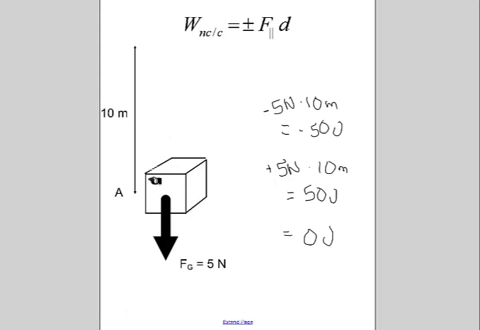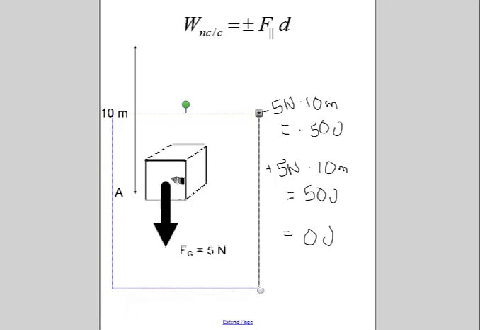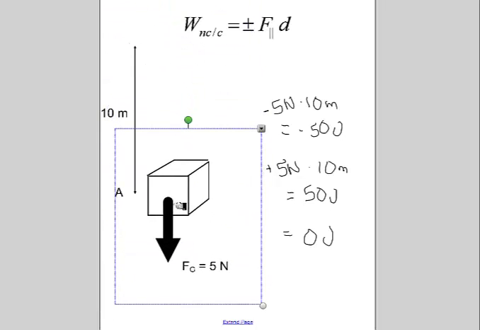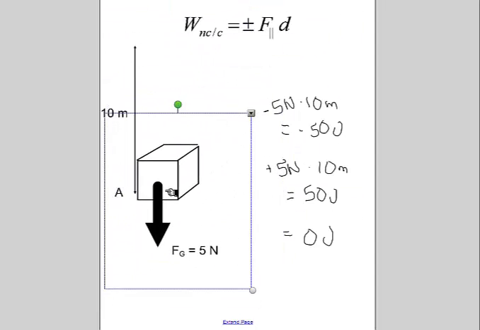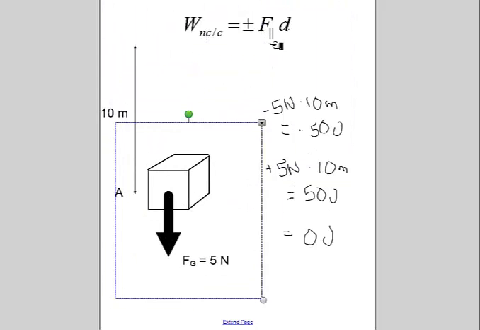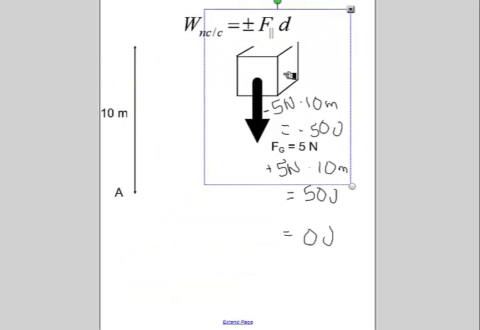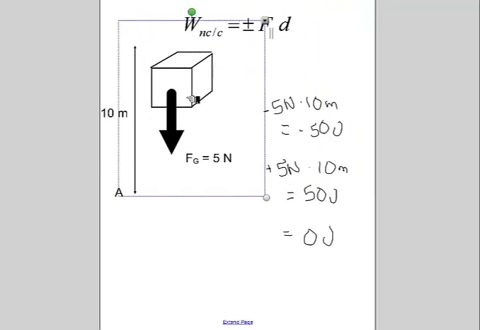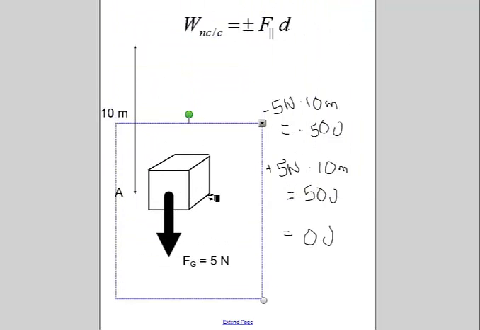I did a very simple case of a box just moving up and down, but this is true no matter the path we took. We could have taken a much more complex path. At every point in the path, we could have calculated the component of gravity that was in the direction of motion, and this is actually a calculus problem if you do that, but the result is still the same.